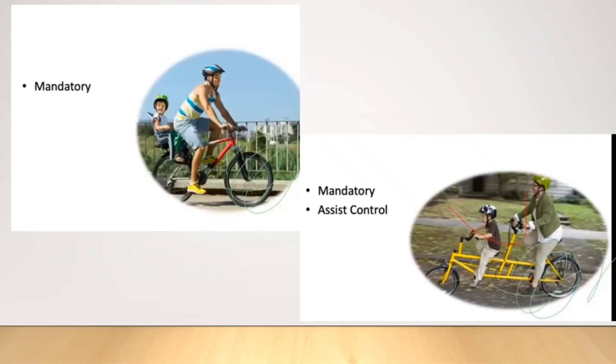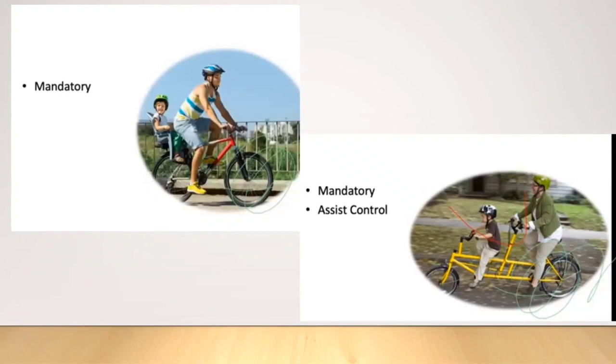The second mode is assist control. See the cycle. The child is riding the cycle and the parent is helping, that is, the parent is assisting. If the child is riding the cycle, the parent will support, will assist. And if the child does not ride the cycle, the parent will control.